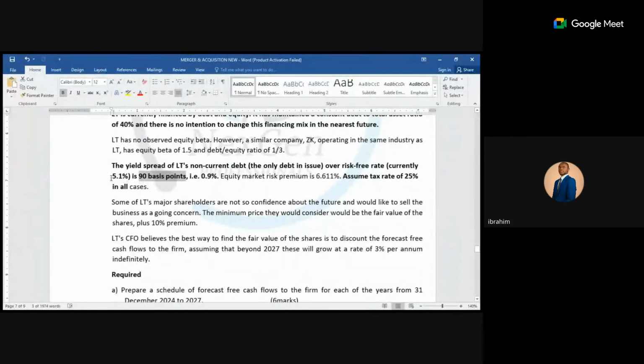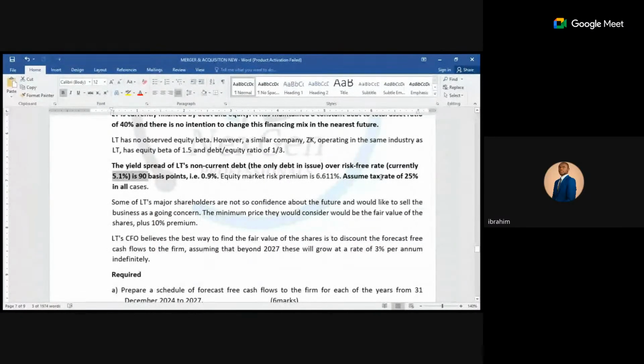So when you are adjusting for it, it is 5.1 plus 0.9. Right? We are compensating you, the credit spread, for the risk that you take. You could have spent your money, but you invested it in a risk-free asset. And we were told that the only debt in issue is over the risk-free rate.